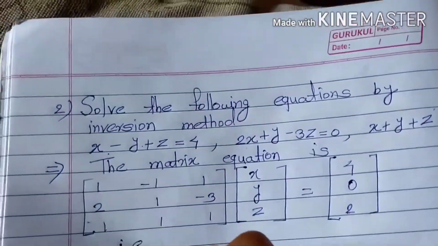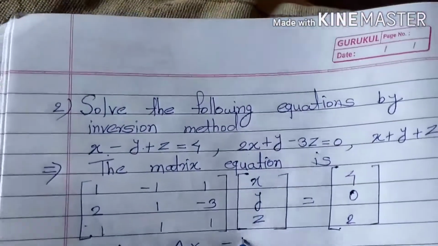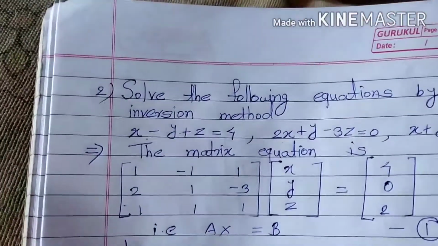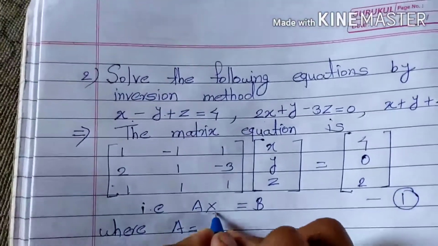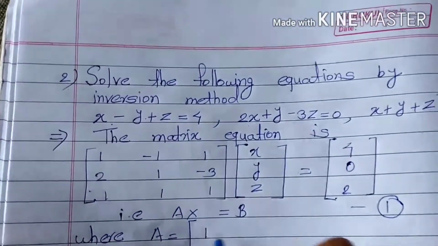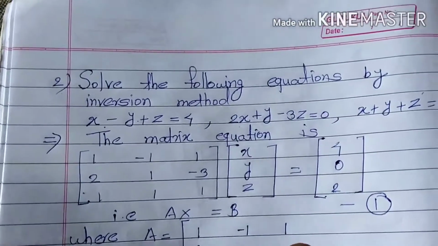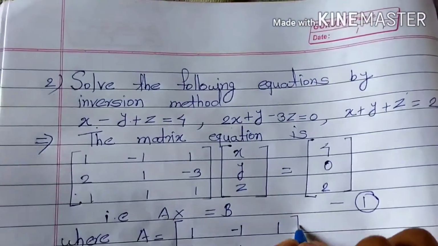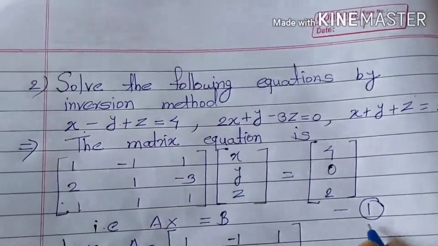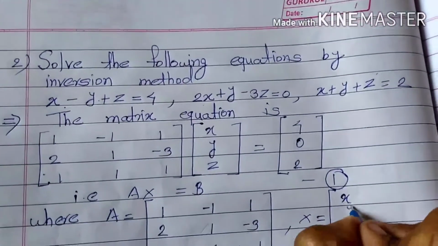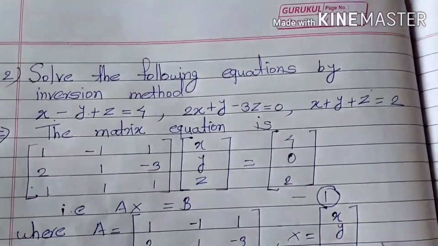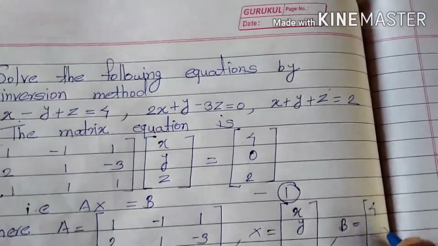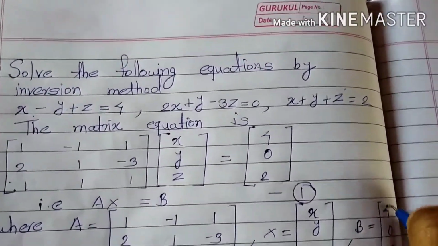That is AX is equal to B, where A is equal to this determinant, X is equal to values x y z, and B is equal to this 4 0 2.